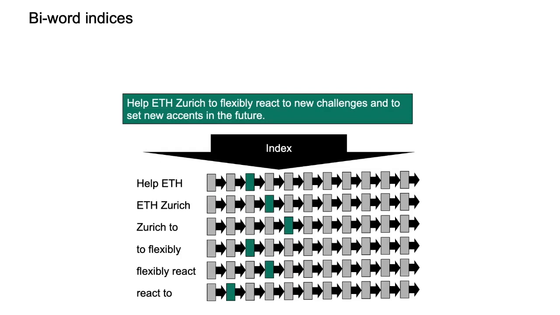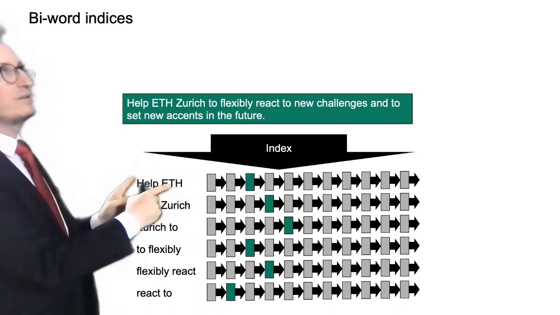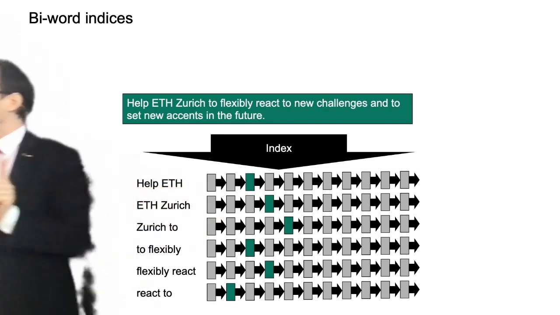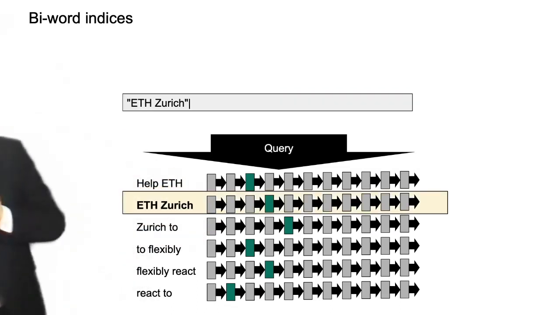So you see you have all pairs, and then you still have these posting IDs of the documents in exactly the same way. So now you might not have the full order of the words, but at least you have the neighbor terms, right? You know that, for example, the documents in the first posting list here contain help ETH next to each other. So now, how do you run a query?